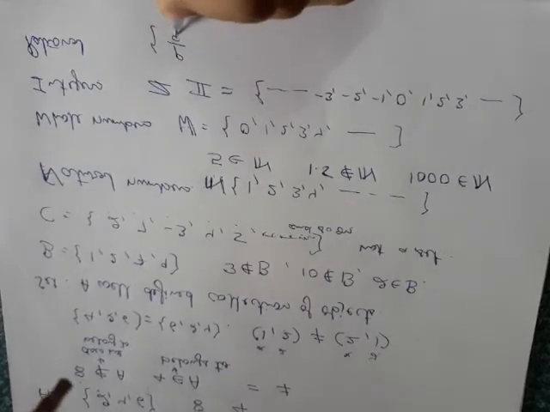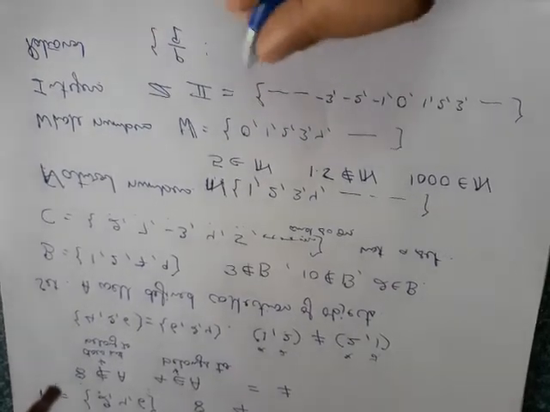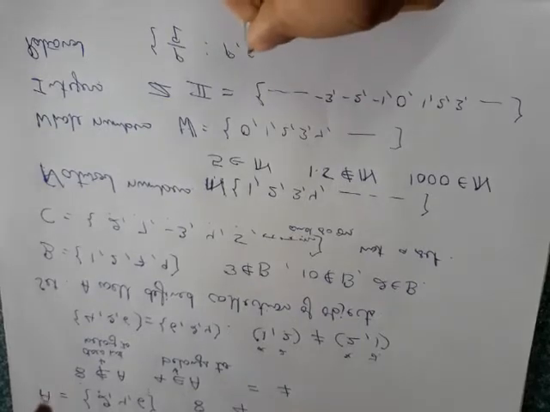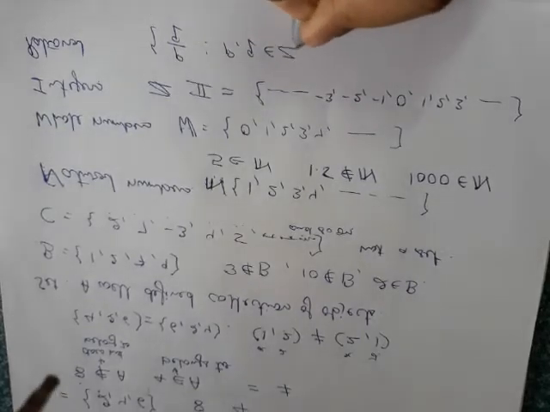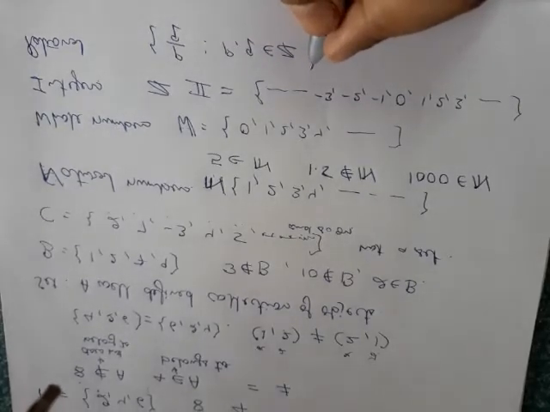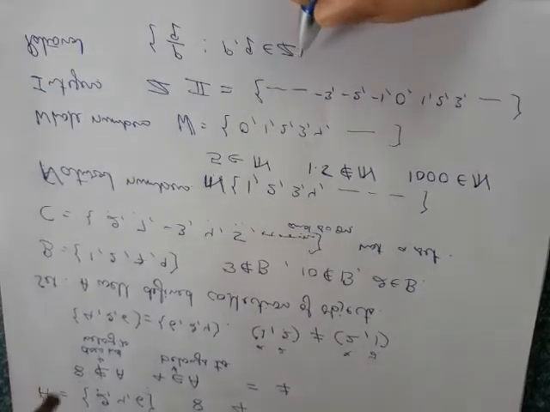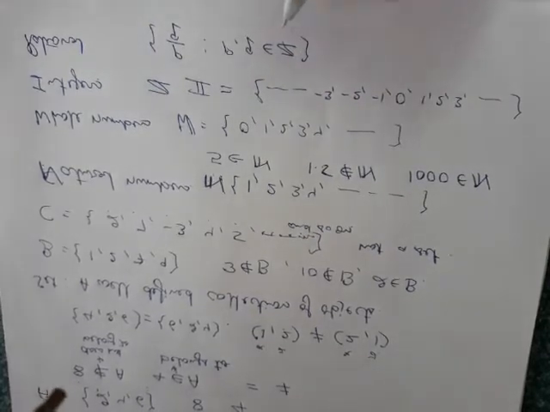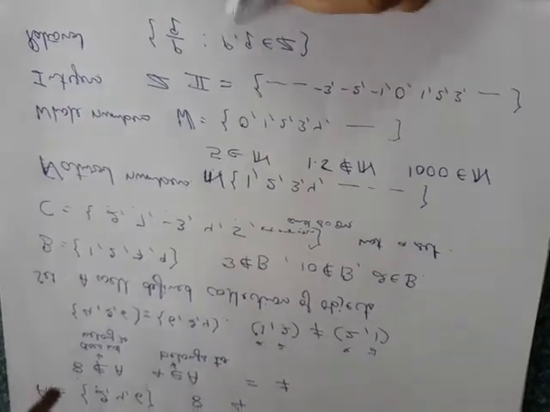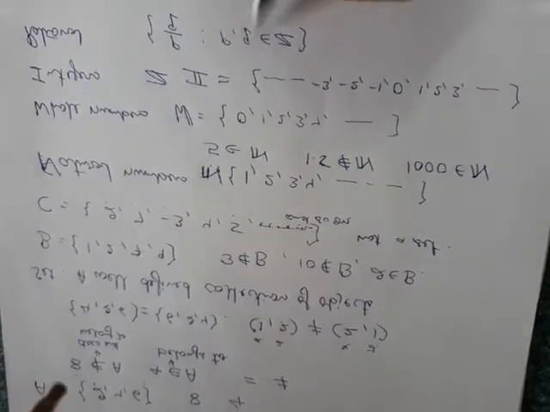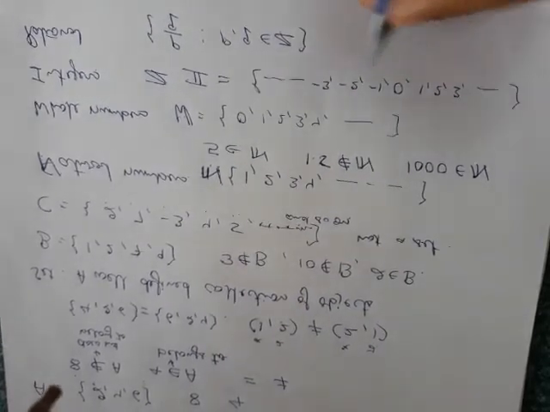This is the set of all p by q, where p and q are integers, and we usually say that p and q do not have any common factors.